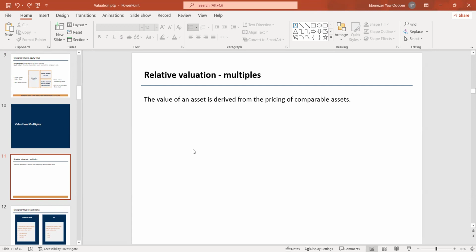So you can look at GCB, you can look at StanChart, you can look at Societe Generale, you can look at ADB Bank, you can look at EcoBank Ghana, and then Bank Ghana as well. At least these are some of the banks that are listed on the stock market, and you can generate a relative value for the Access Bank, which is the company in question that we are trying to find a value for right now.